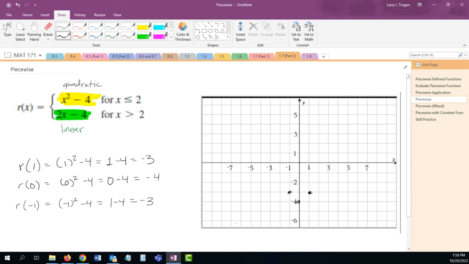Now, where does it stop? What's the last point for that quadratic? The last value where I'm going to pay attention to this is 2. When x is 2, I get 0.